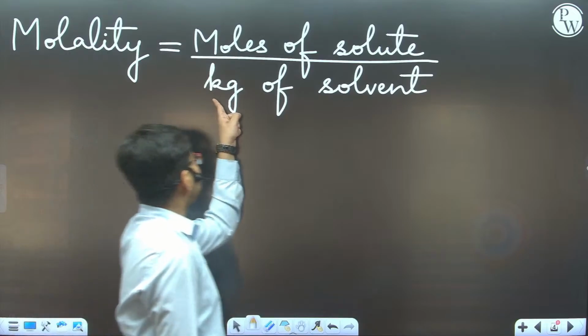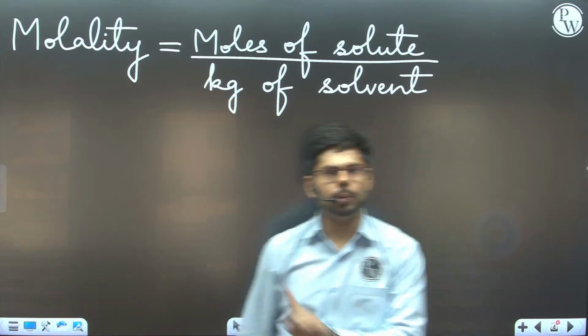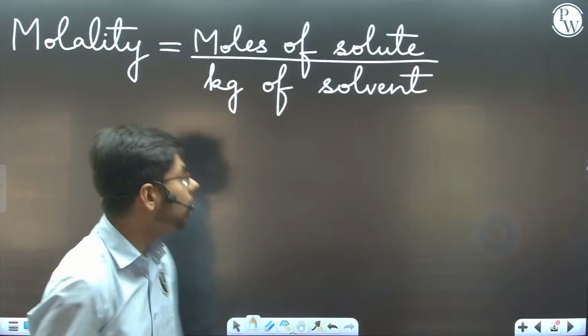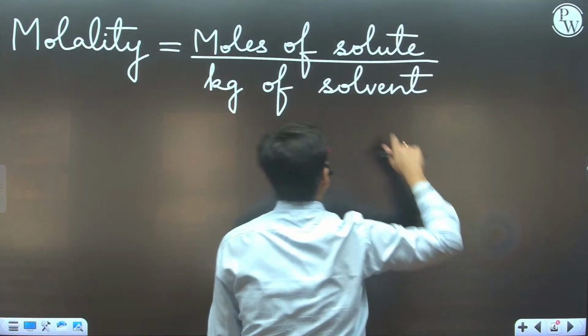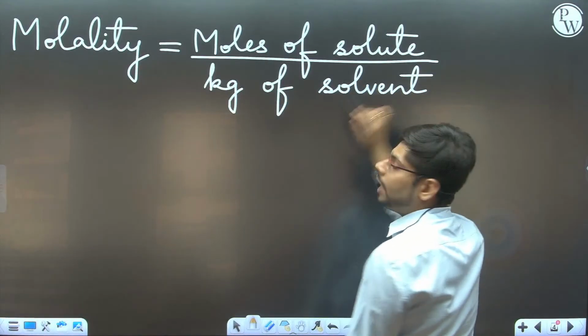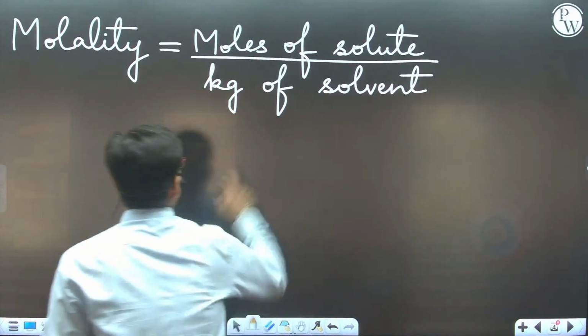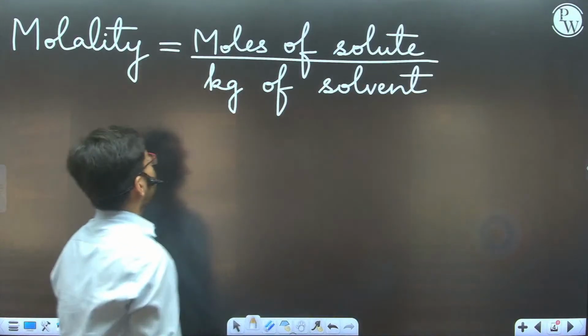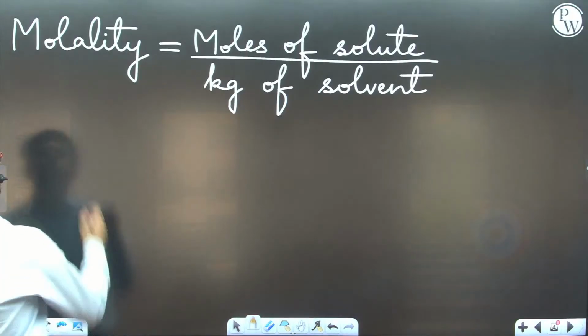Now, here the mass of solvent is in kilograms, so we are not supposed to take grams or any other unit. So be careful. Another point to be taken care of is that here it is solvent and not solution. It is solvent. So this is molality.